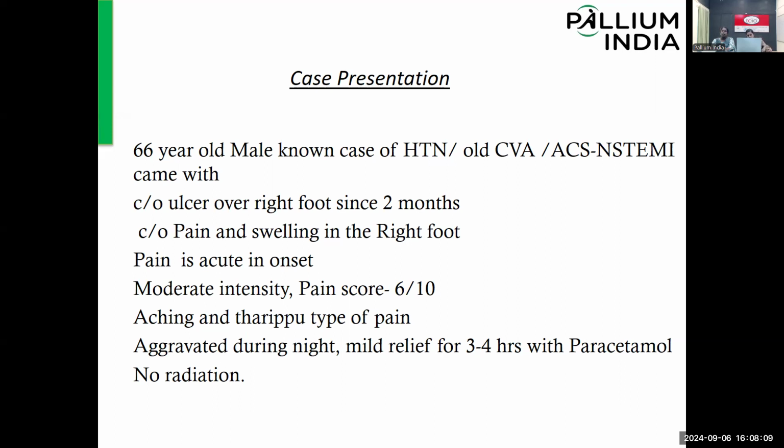So we can add adjuvant analgesics, maybe pregabalin, gabapentin or amitriptyline. Usually we start with amitriptyline. But why ketorolac, Sudha?